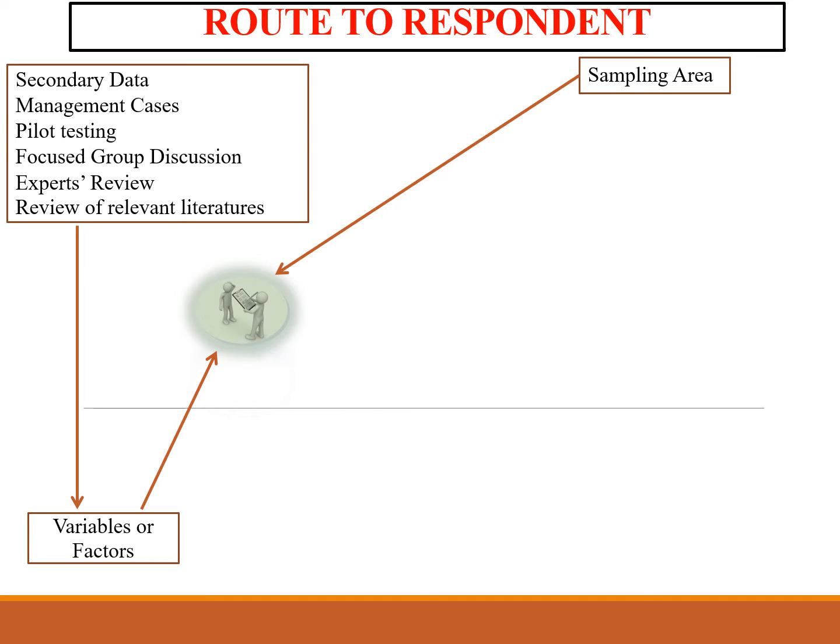So you have to highlight your sampling area in such a manner that anyone sitting at any corner of the world can understand where the person has done or completed his research. You write the sampling area in your research paper in such a manner that complete geographical identification and complete socio-economic identification are elaborated properly.